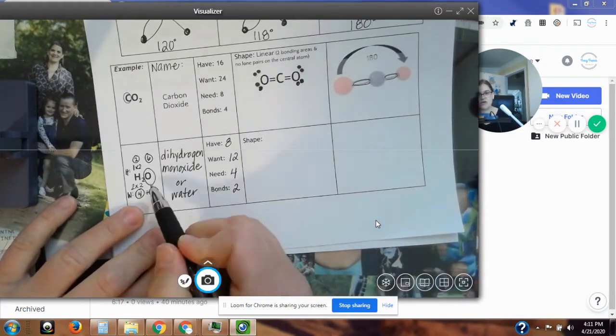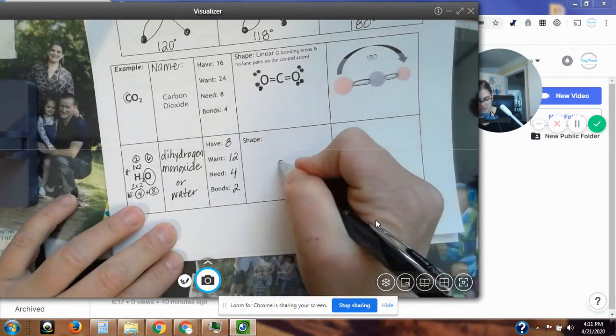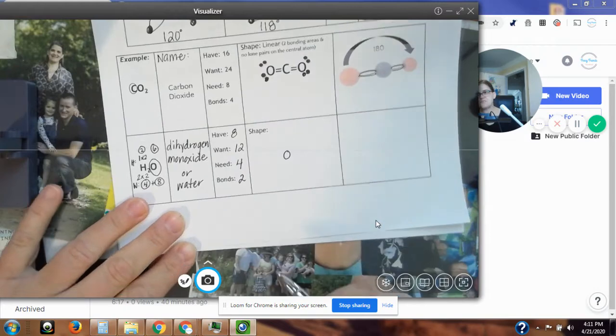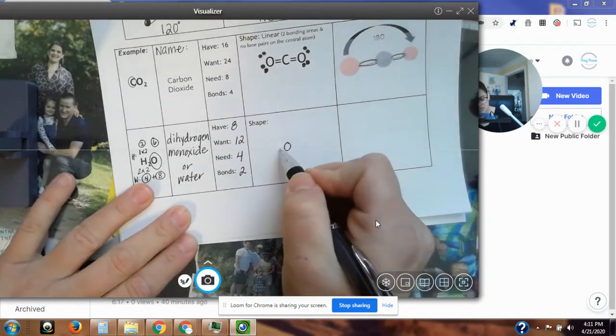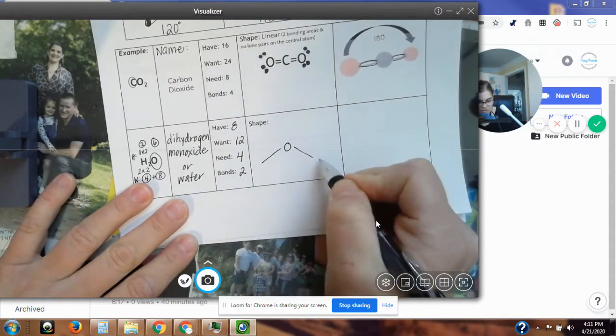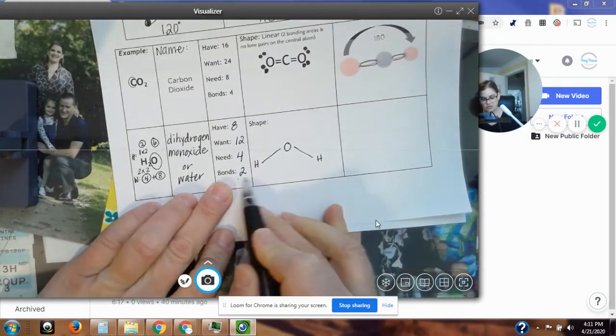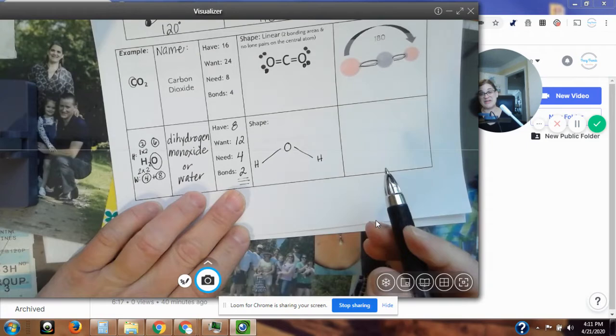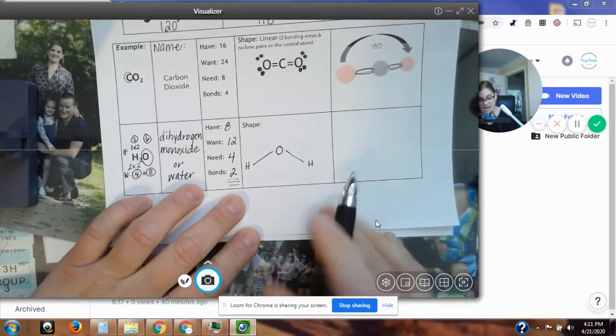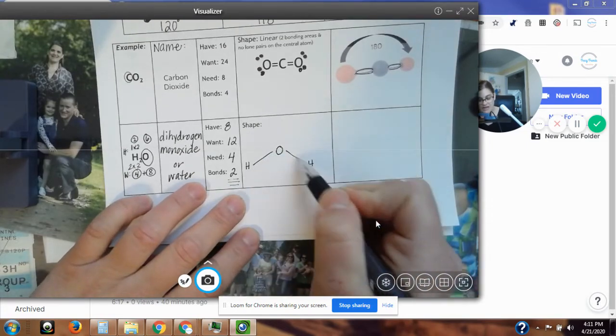So now I know my central atom. I'm going to put it in the center. I'm going to attach with a single bond a hydrogen to each one of those, and that gets me my total of 2 bonds. So I really don't need to put any more bonds in. Hydrogen can only have 1 bond.